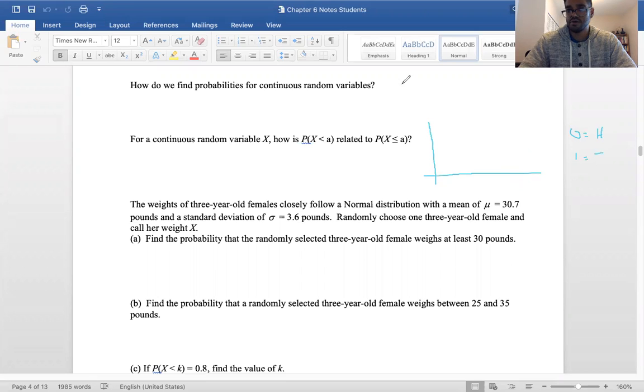Basically you have these probabilities that make jumps as you go along. This is probably a bad example. Let me give a different example.